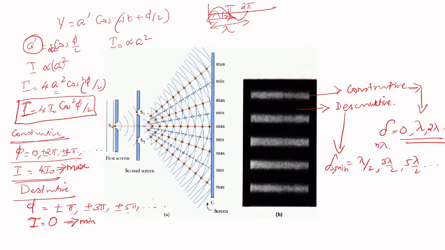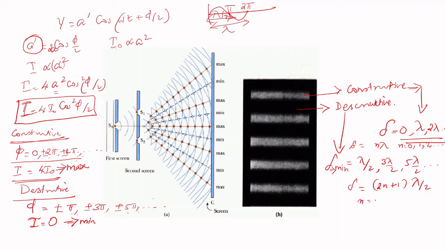So this is n lambdas. Delta is equal to n lambda, where n equal to 0, 1, 2, etc. Here it is delta is equal to half lambda, then 3 by 2 lambda, 5 by 2 lambda, etc. So odd multiples of lambda by 2 it is. So that we can say it is 2n plus 1 lambda by 2.